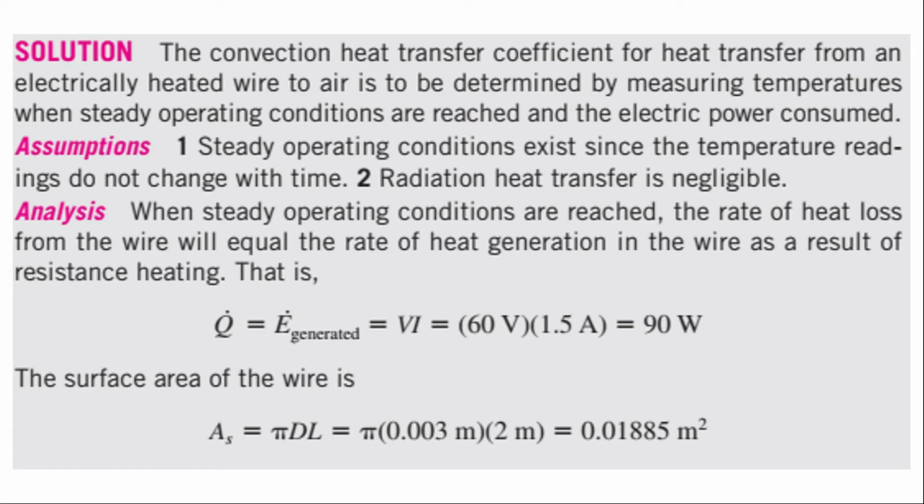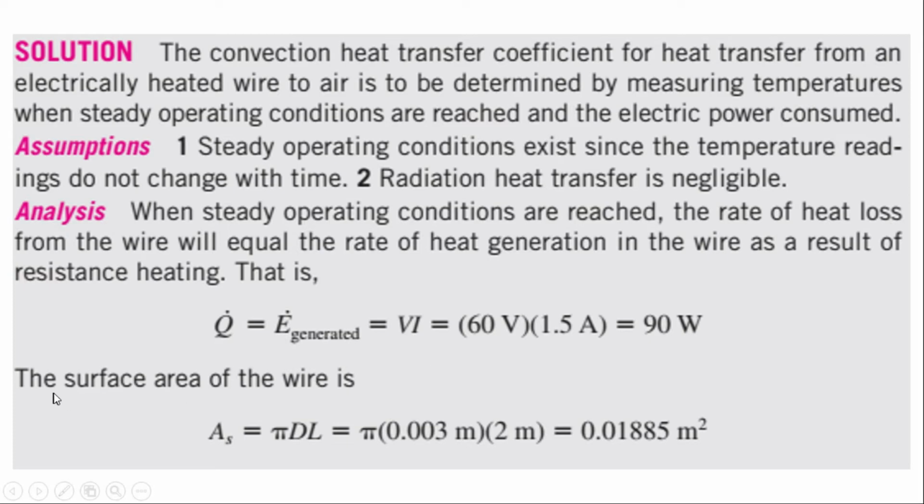It is calculated by a very simple formula: Q, the heat generated, is equal to the multiplication of the voltage and the current. We just multiply the voltage and the current in amperes, both given in the question statement. We get 90 watts, which is the heat generated in the wire by the resistance.